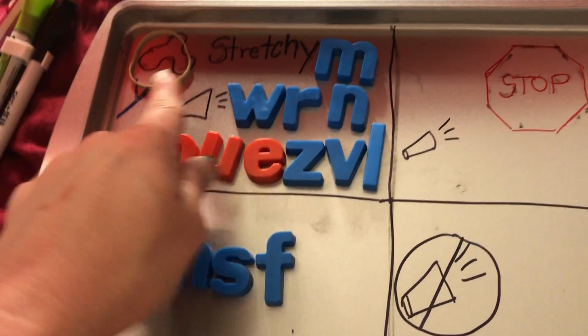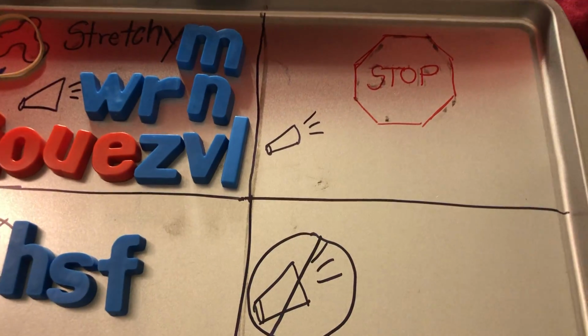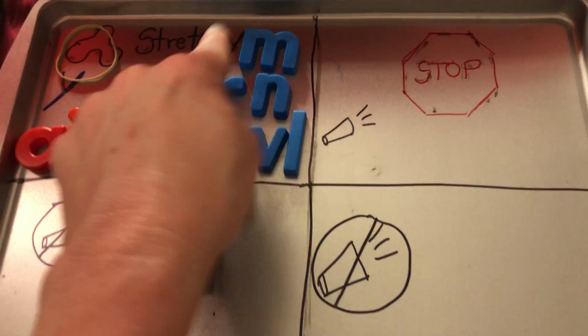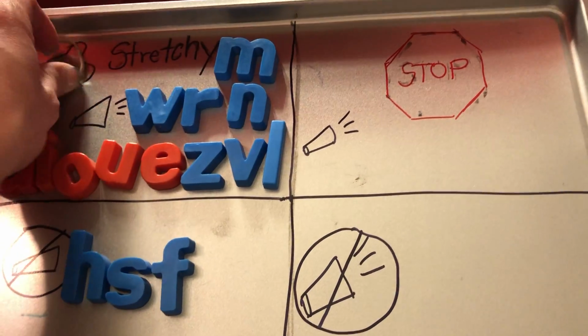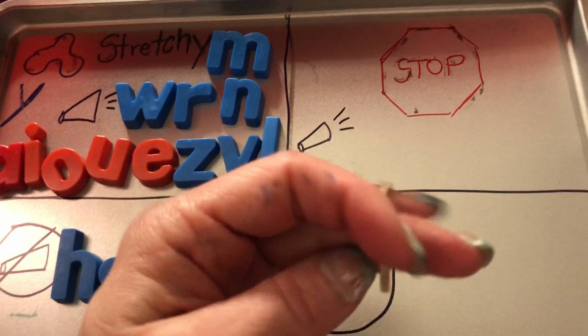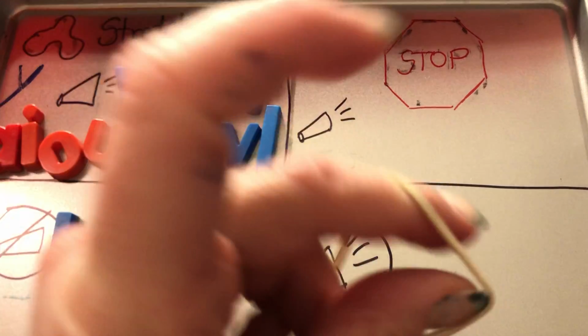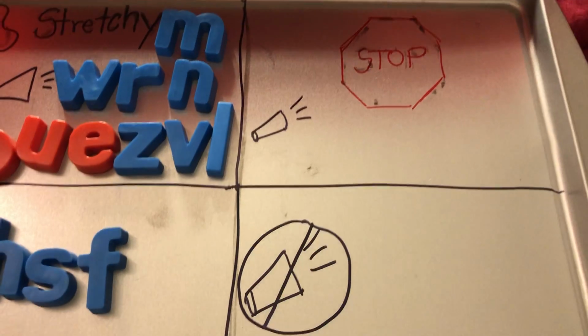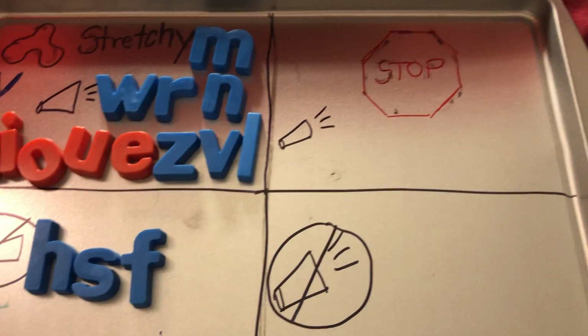All right, so we are going to talk about stoppers. I call these stoppers because these are letter sounds that cannot be stretched out. If you try to stretch out the stoppers, like you're doing with the rubber bands, you can't do it because the sound will change and it doesn't sound right.